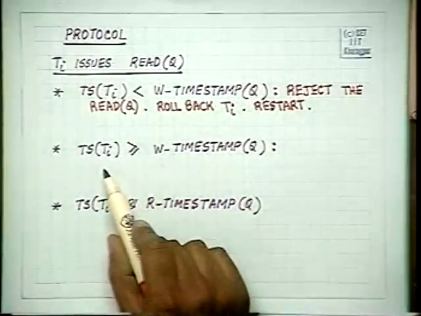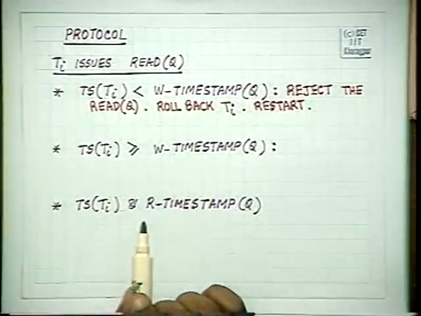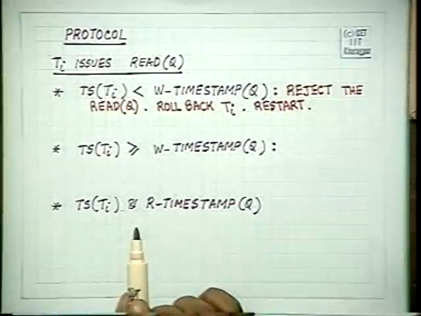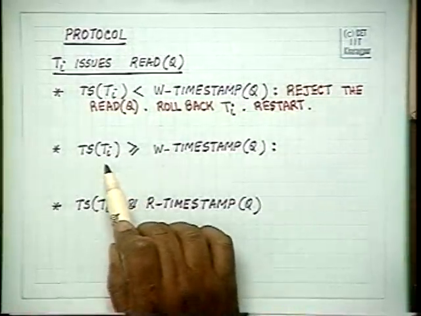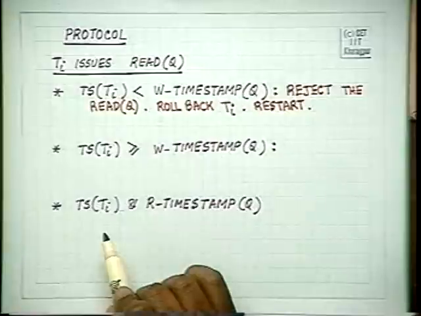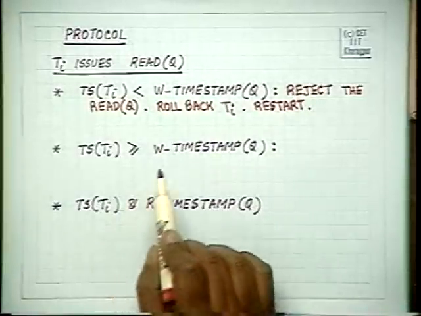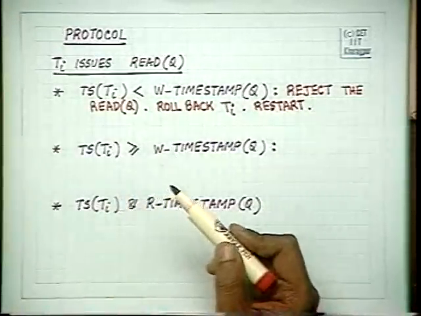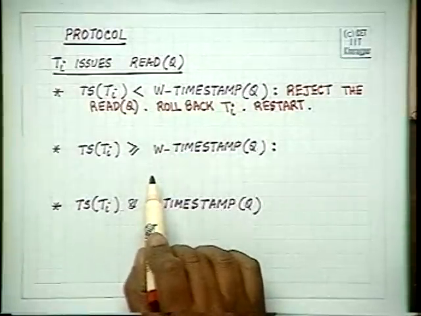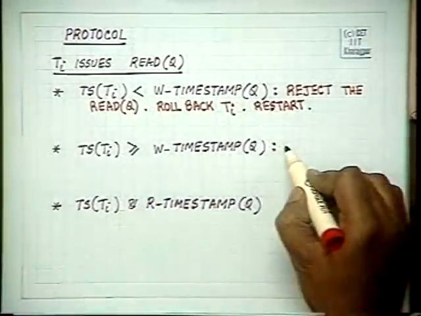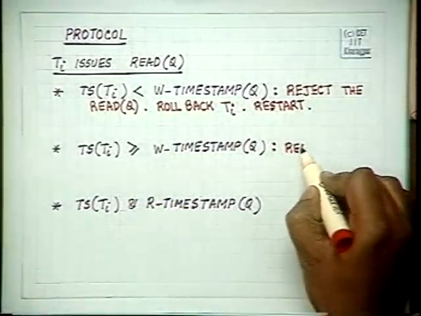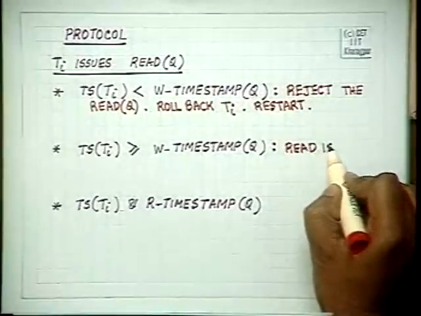So, I am reading data which was written by Tj. So, potentially there is no situation in which Ti cannot be conflict serializable to Tj, in the sense that Ti can follow Tj, at least based on this. Therefore, read is allowed.